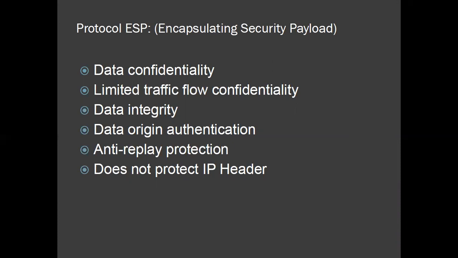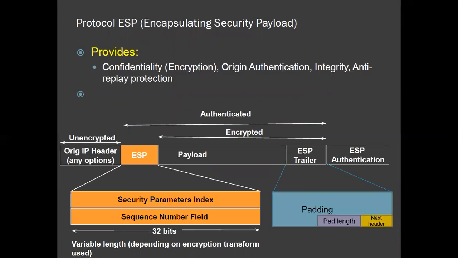ESP adds a header and trailer. Authentication Header was only adding the header, whereas ESP is adding header and trailer both. ESP's authentication data is added at the end of the packet, which makes its calculation easier.